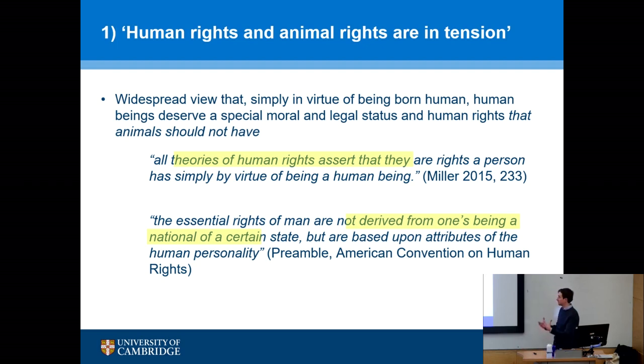No, it's because we have certain attributes that are special about humans, right? So somewhat different, you might say. The first is more about just belonging to the human species, perhaps. This one is saying special features, attributes that only humans have, right? So two slightly different ways of trying to explain a similar idea.